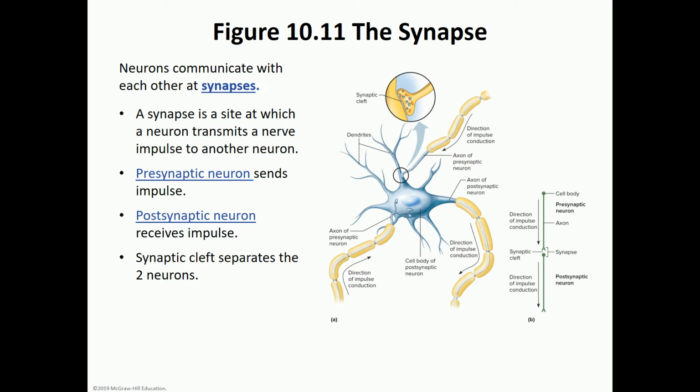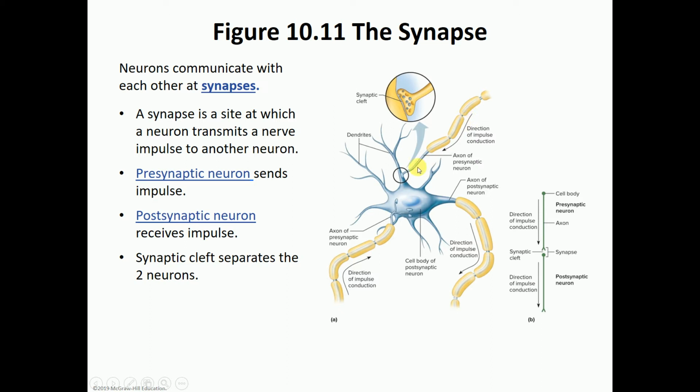Remember, the synapse is where a neuron communicates with either another neuron, as you can see here in this image, or it could also be the place where a neuron communicates with a muscle or a gland. So in this case, you see here two neurons connecting. This is the axon of one connecting to the dendrite of a second neuron.